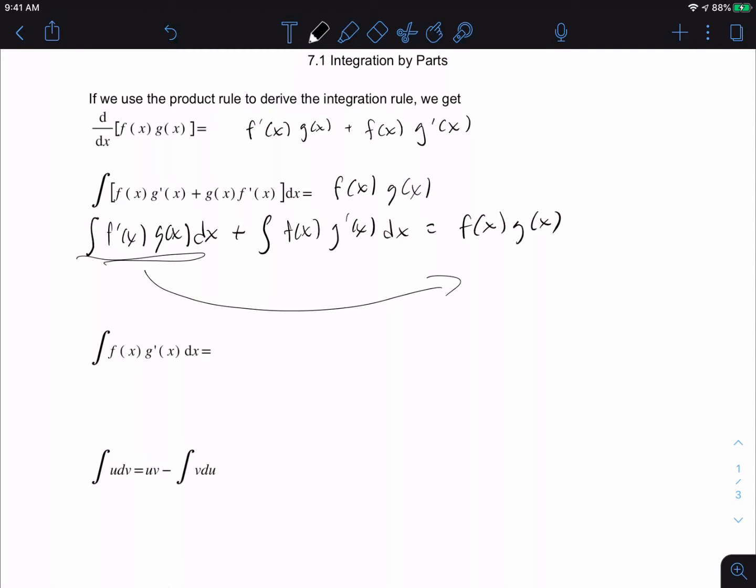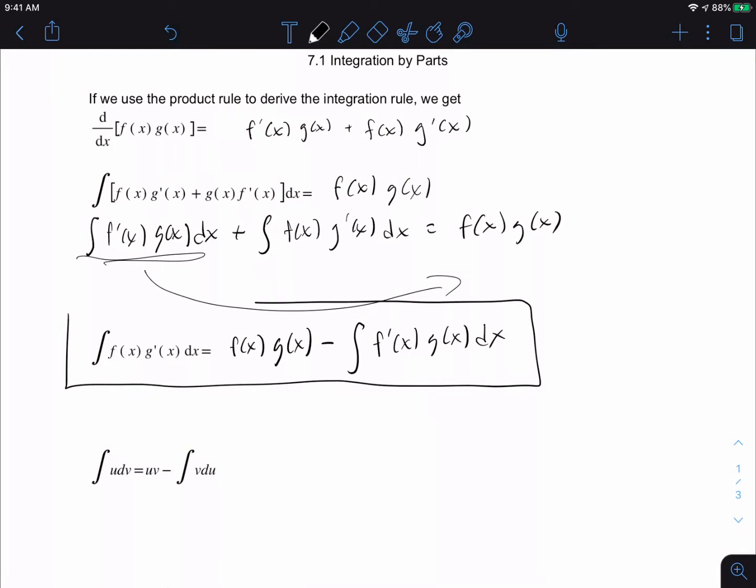Agreed? So we should get f of x times g of x minus the integral of f prime of x, g of x, dx. We okay? Yes. Okay, so this is how to integrate products.